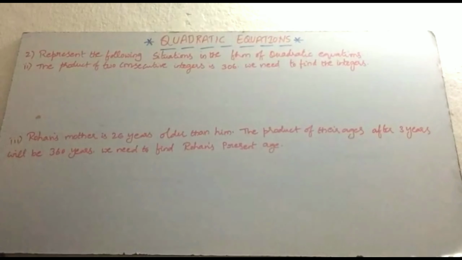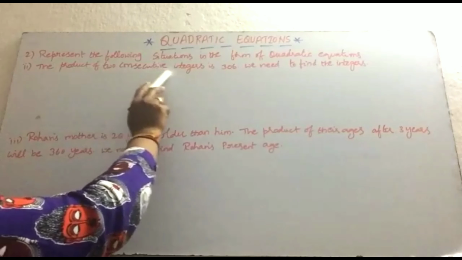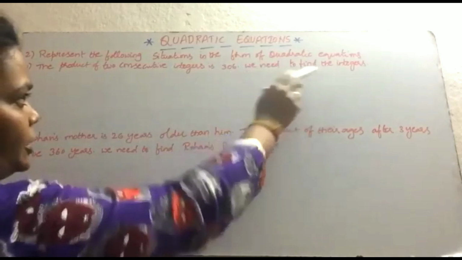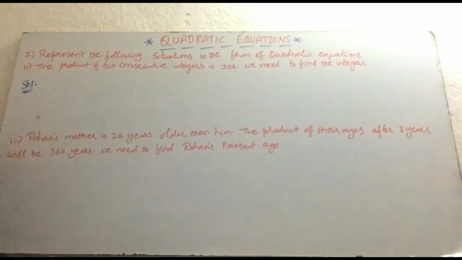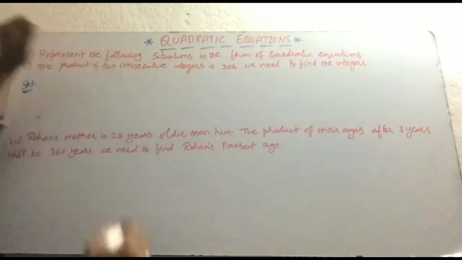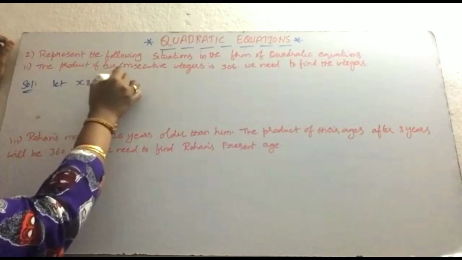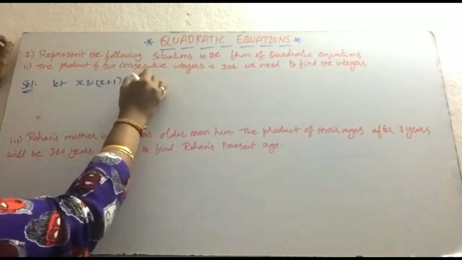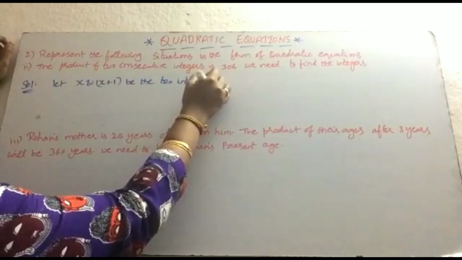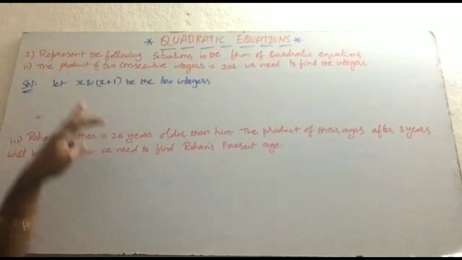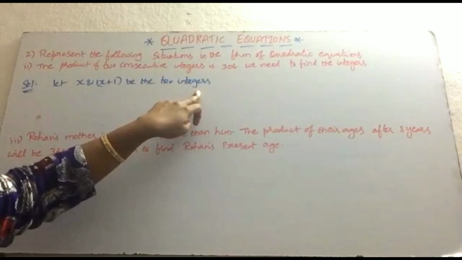Next problem: the product of two consecutive integers is 306. We need to find the integers. Now I will let x and x plus 1 be the two integers. Consecutive means next to this. So x and x plus 1 are the two consecutive integers.